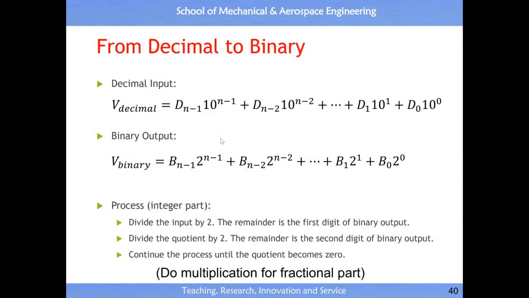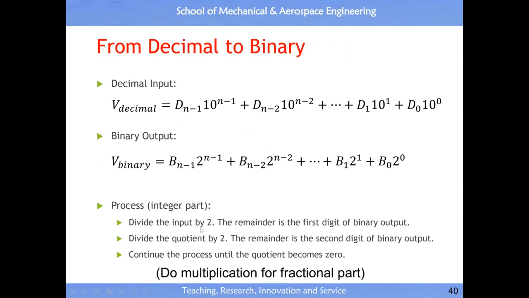All right. Now look at the situation of converting a decimal number to a binary number. Our input is this one, and the output must be this one. What is the process to achieve this result? We follow this procedure.